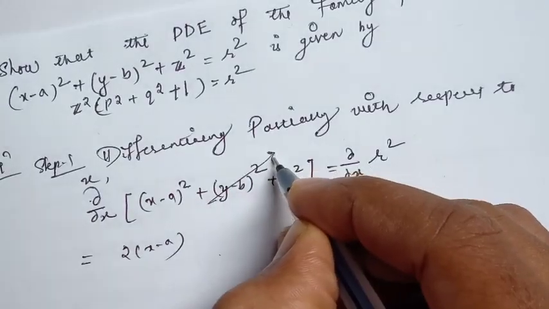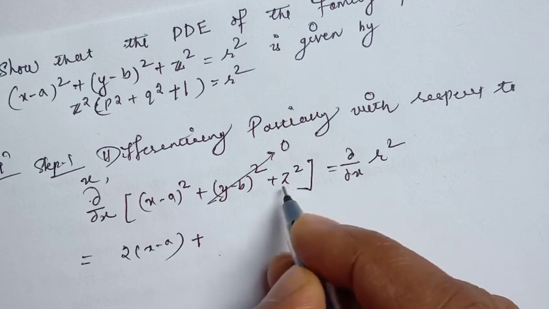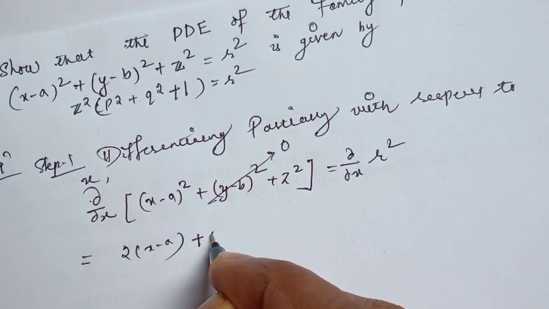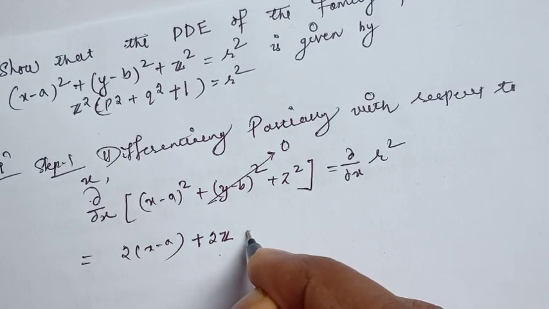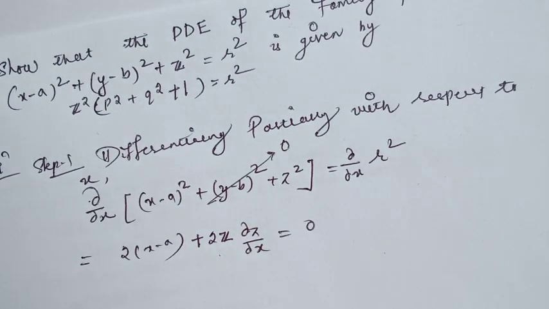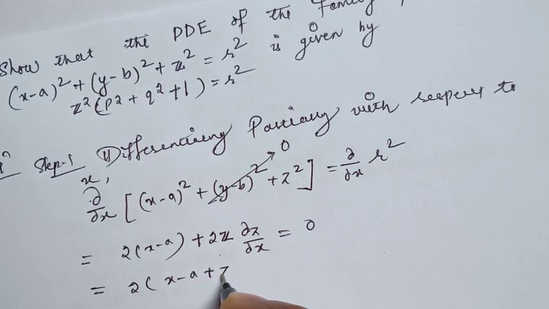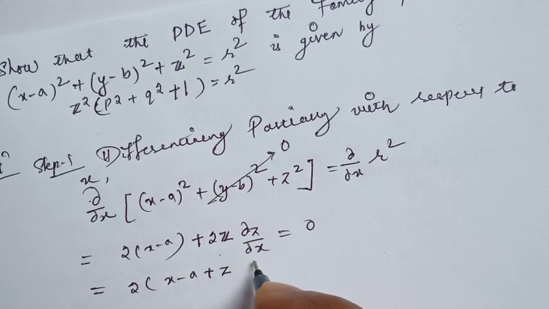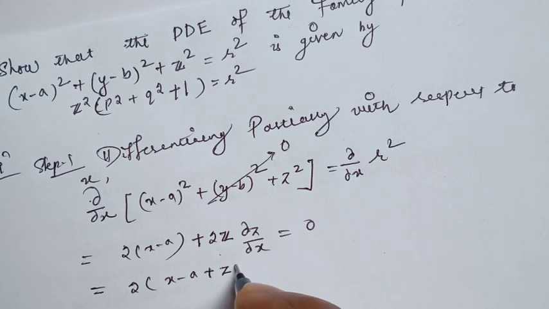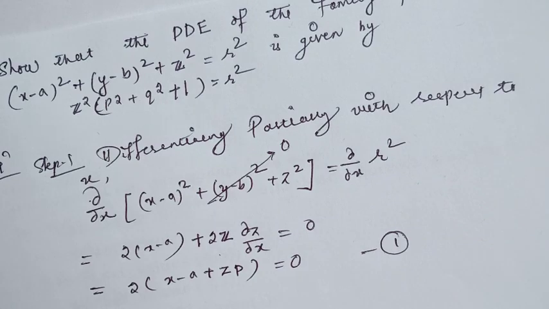So this will be 0 plus z², which gives 2z ∂z/∂x, and this equals 0. Taking 2 common, (x − a) + z ∂z/∂x, which is p, equals 0. This is equation number 1.